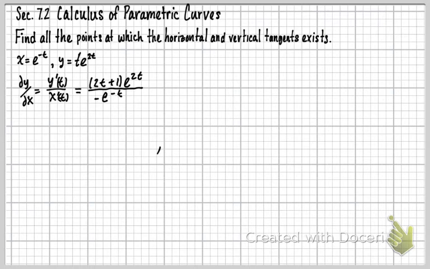Now what we're looking for here is where this thing is 0 or undefined. The first thing I'm going to address is where it's undefined. That's where the bottom would be 0.